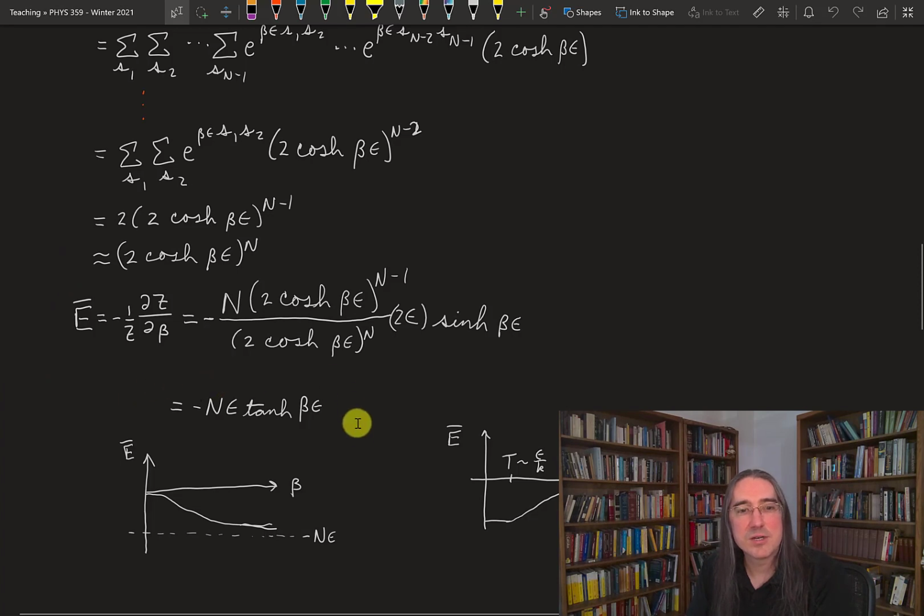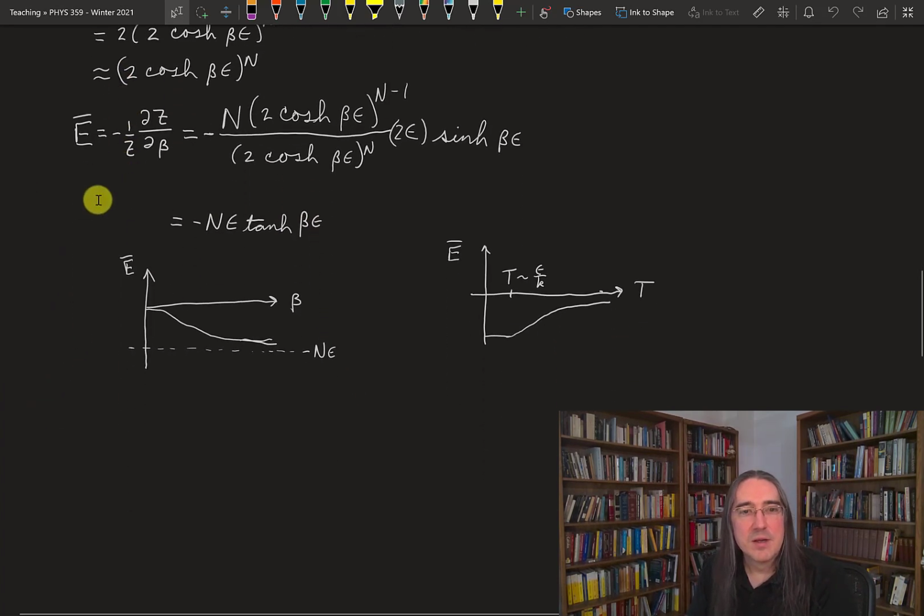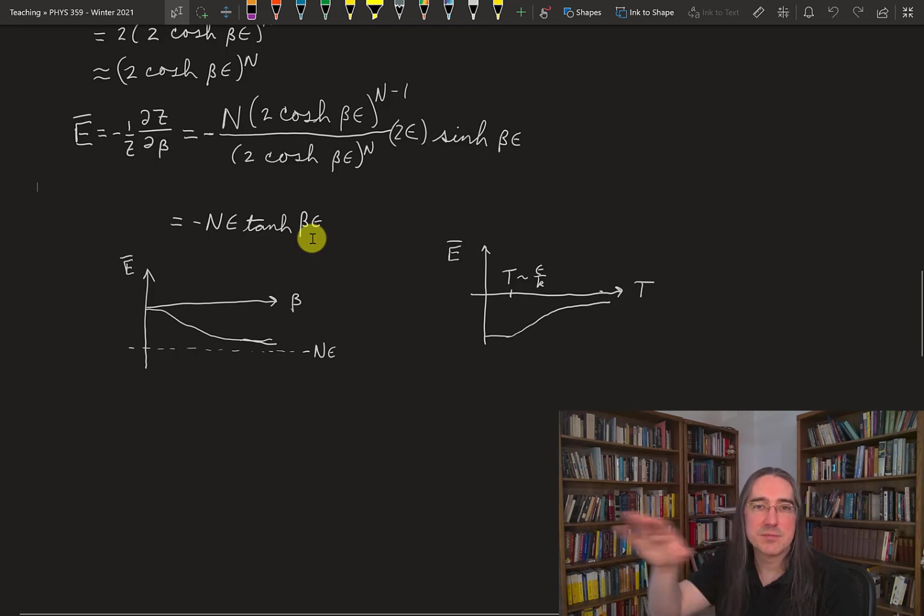All right, so here's our average energy as a function of temperature, or beta. So let's plot this thing. Of course, it's easier to plot versus beta because that's how it's written. The average energy is going to be negative. As beta goes to 0, the energy goes to 0. And as beta goes to infinity, tanh saturates to 1. Tanh has an asymptote at 1.